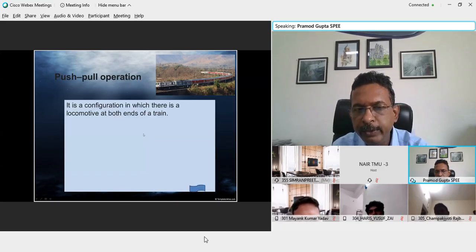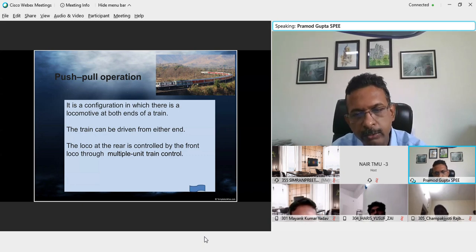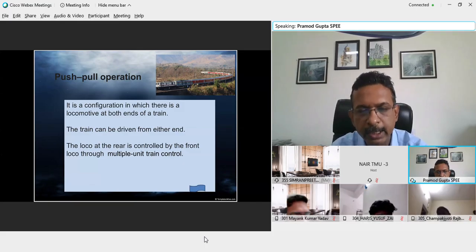It's a configuration where we have two locomotives at the ends of the train. It can be driven from either end. Normally, we have only one set of crew who remain stationed in the front locomotive, and the rear locomotive is controlled using the multiple unit train control system that has been designed and approved by RDSO.